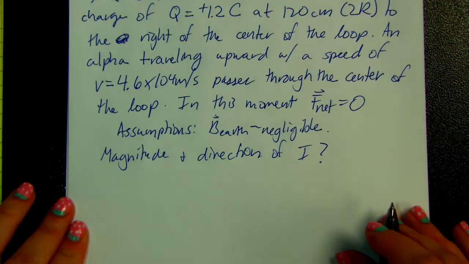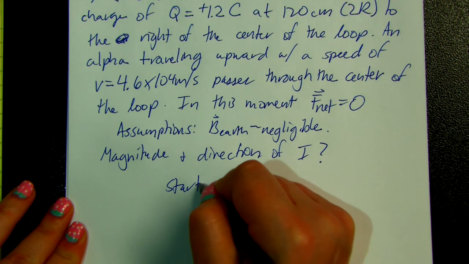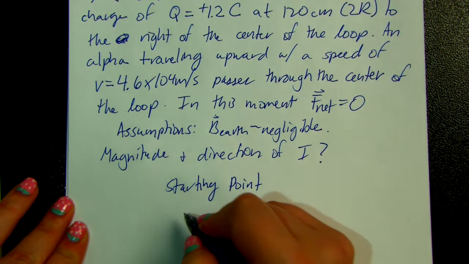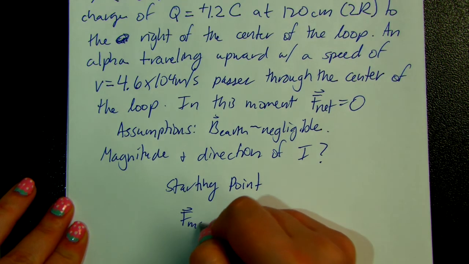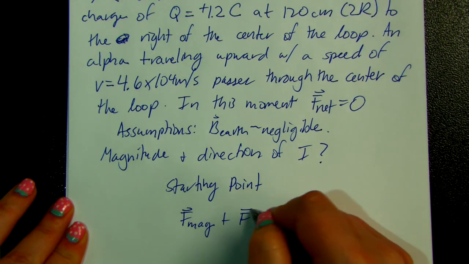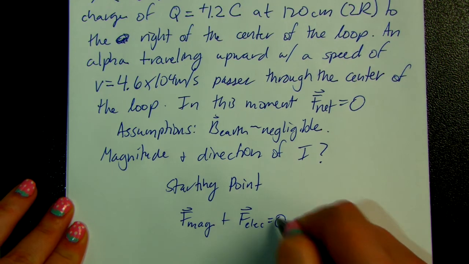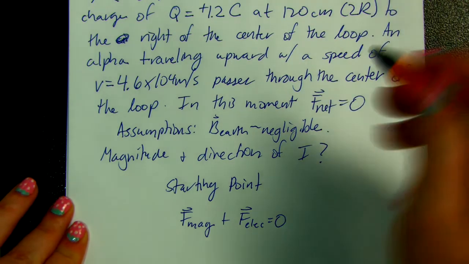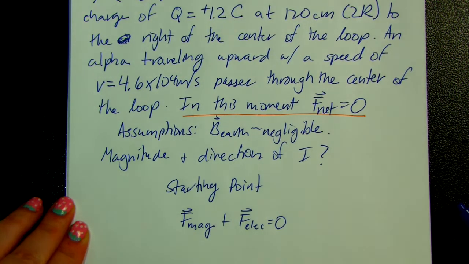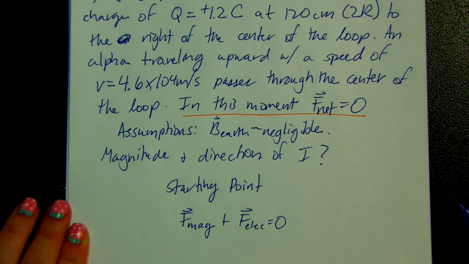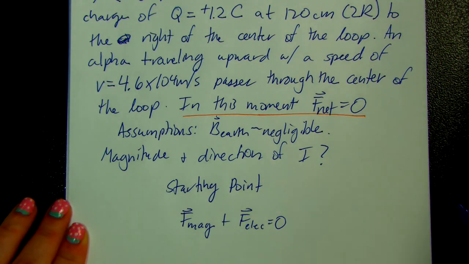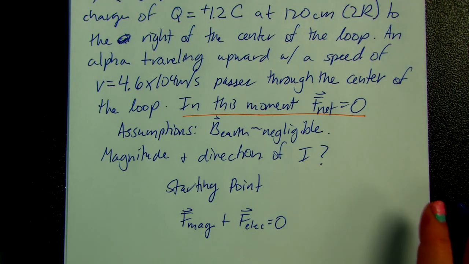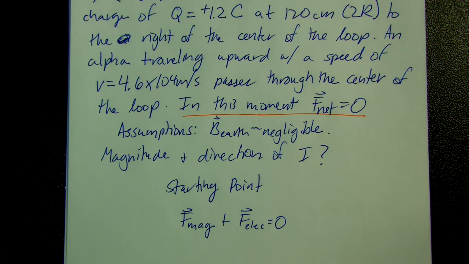Okay, and our starting point is that the magnetic force plus the electric force is equal to 0. And of course, we get this from looking at this statement here. Okay, so the way to approach this problem is you want to start out symbolically and think through what's going on to get direction, and then we can actually plug in some numbers.